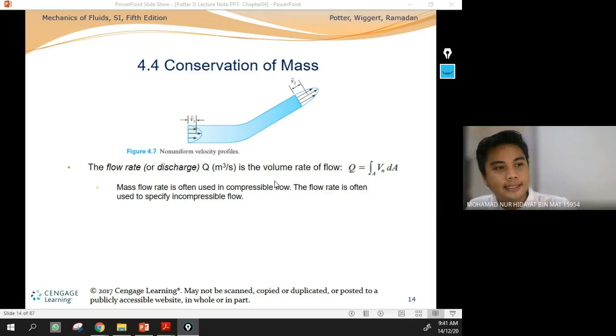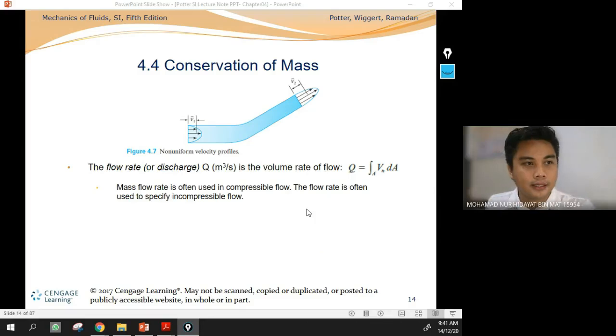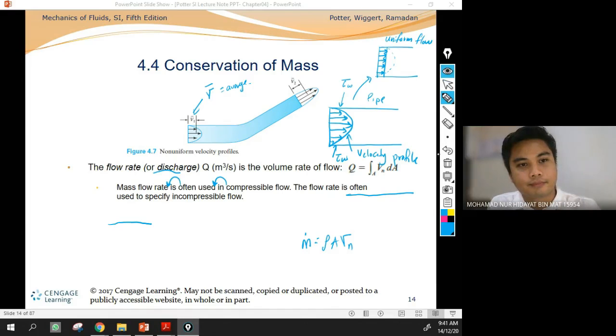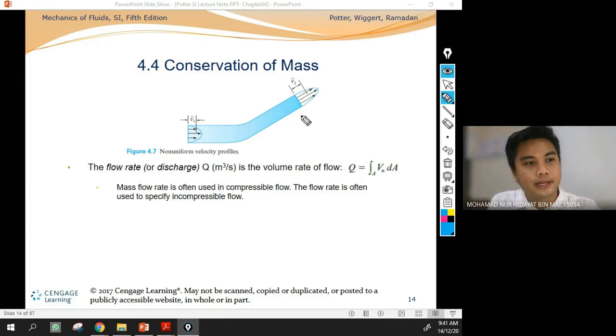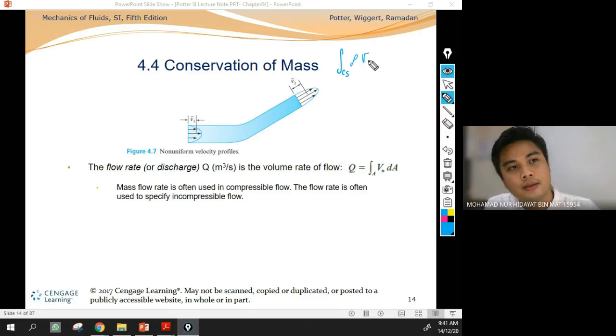And this one is directly related to the volume flow rate, right? Remember that in our previous equation, we solved like this. Control surface, rho V dA is equal to 0, right?